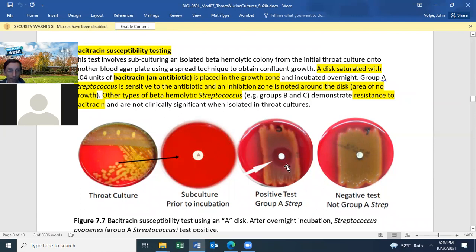If you have a significant zone of inhibition around the paper disc, then this is susceptible to bacitracin, and Streptococcus pyogenes is susceptible to bacitracin.